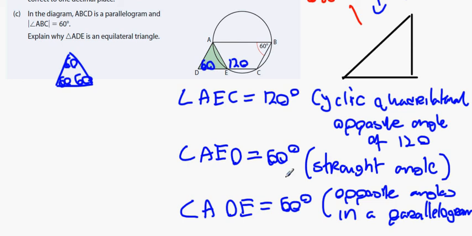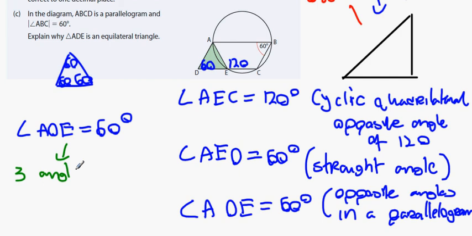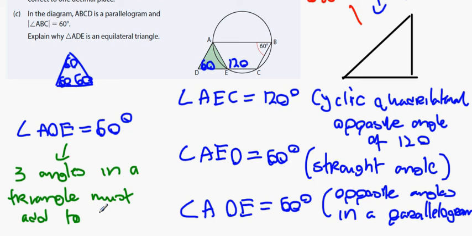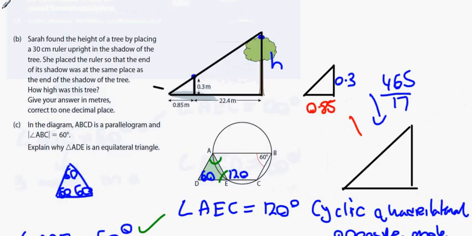Okay, and this leaves angle ADE has to be equal to 60 degrees because 3 angles in a triangle must add to 180 degrees. So we have green, this one here, and finally ADE, this one here. All 3 of them are 60 degrees.